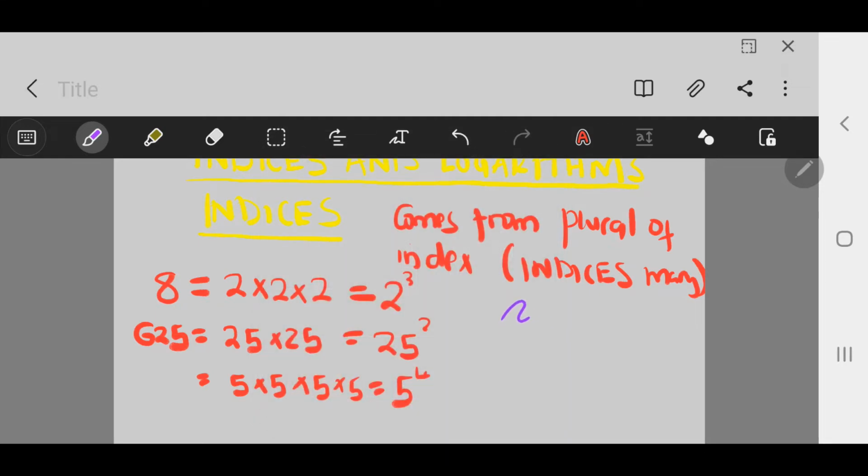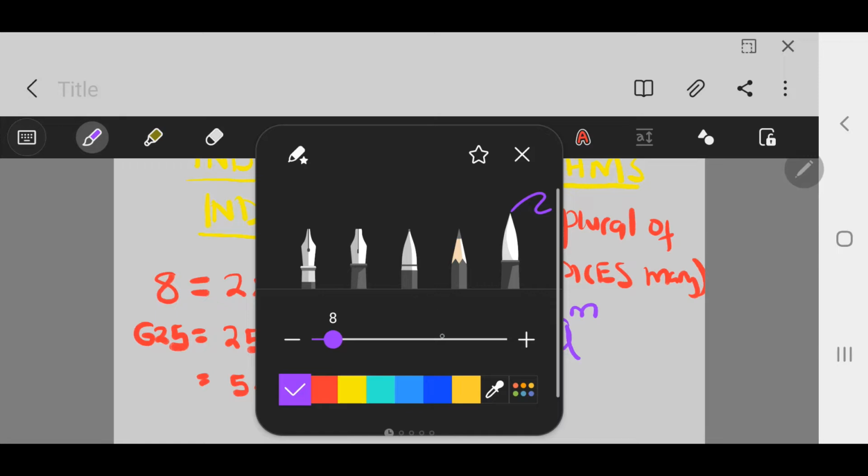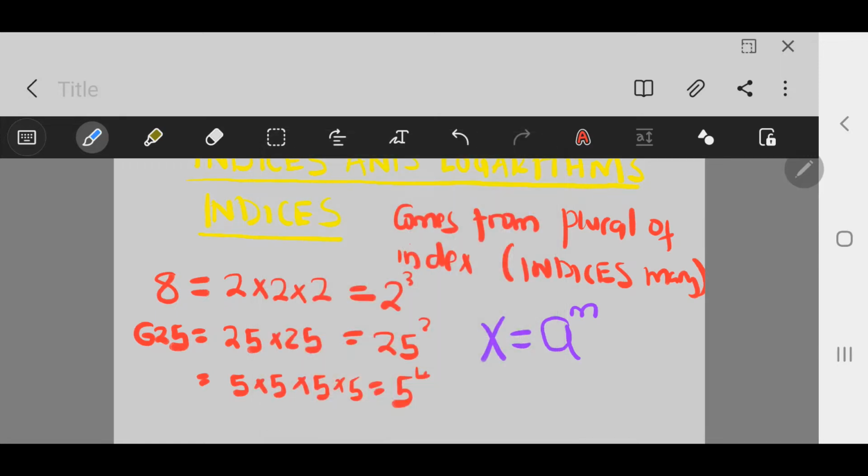Now we define something that is important in terms of this topic. Let's have a general number x written as a power m, or a index m. The number that is at the bottom is called a base. So a is the base.